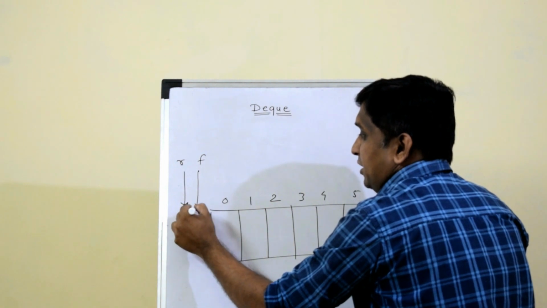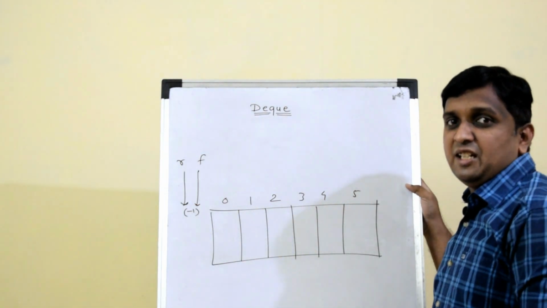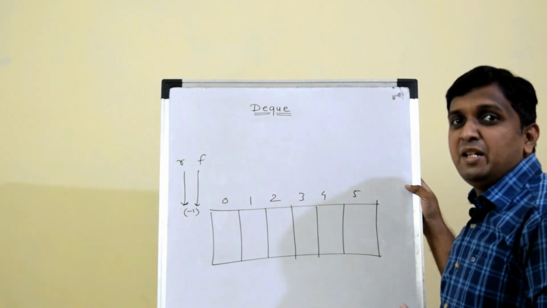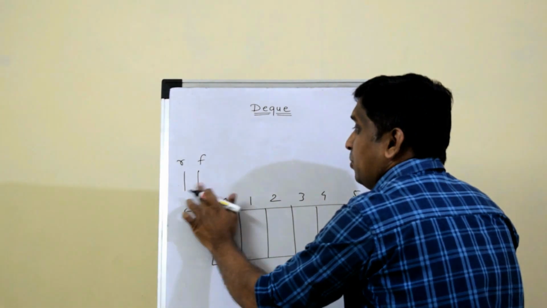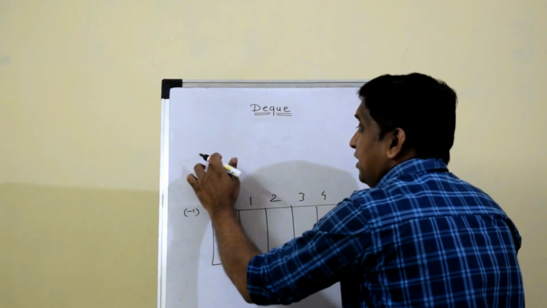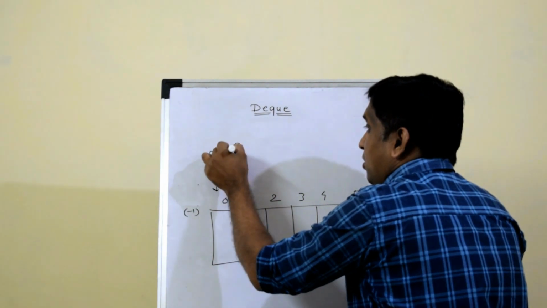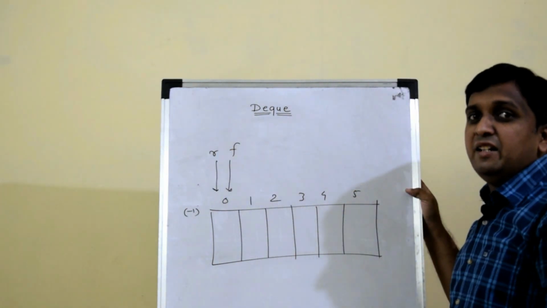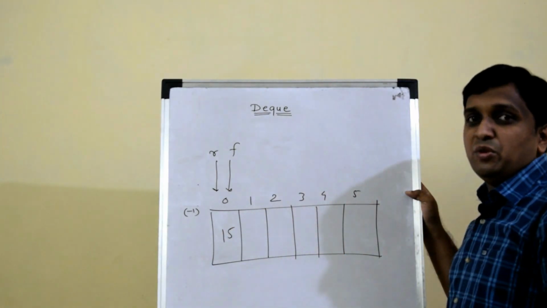So this is the -1 index. Now when I insert the first element, I will increment both of them. That means when I perform the insert operation for the first time, rear and front both will come to 0 from -1. And then I will store the element. So suppose I want to store 15, so it will be stored here.